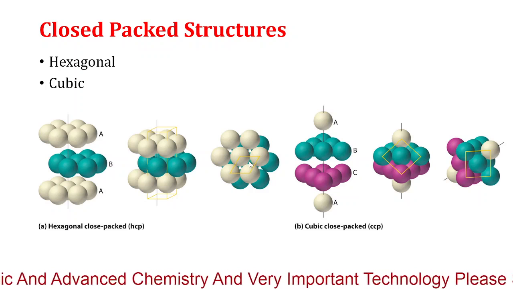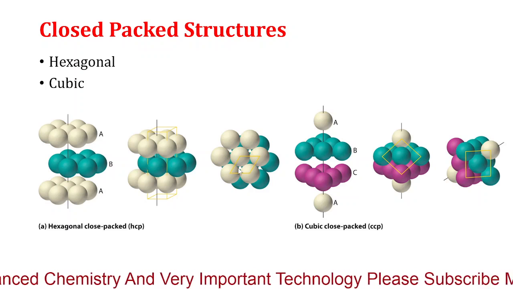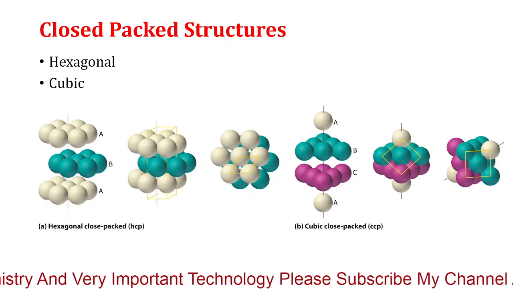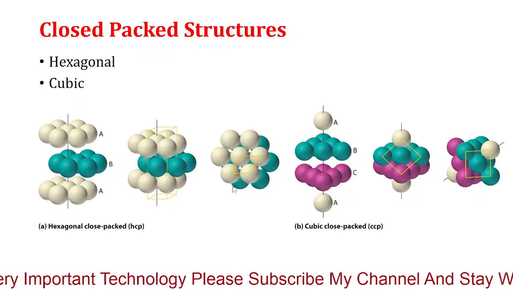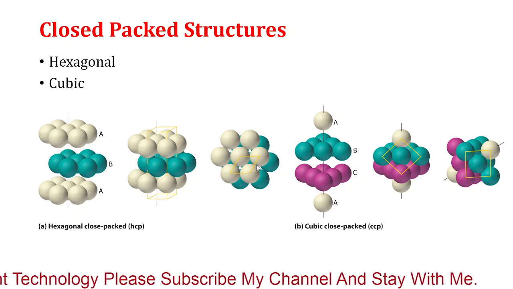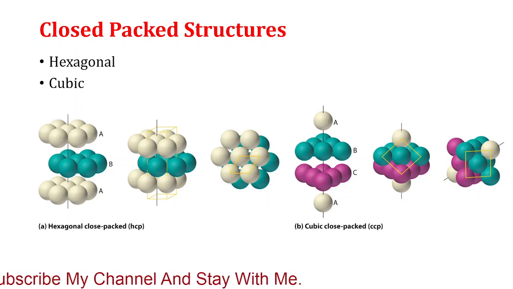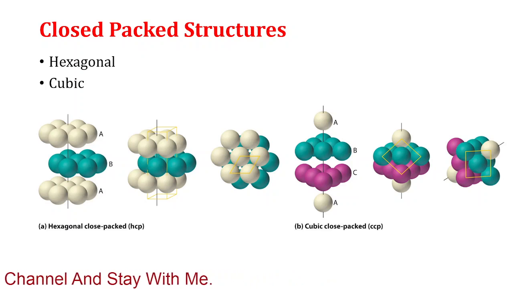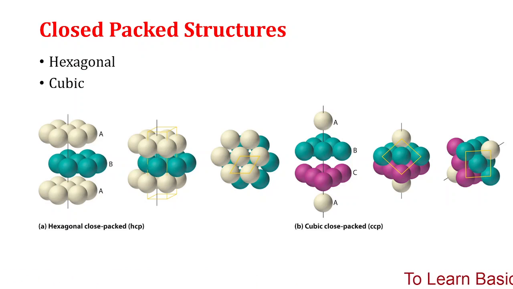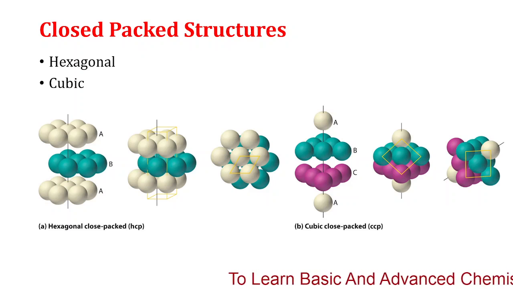We can have one space here, another space here. If you have a very large open space, then that is not closely packed. That means if you have more atoms and very little open space, that is closely packed.